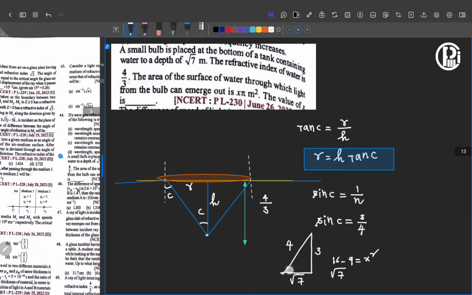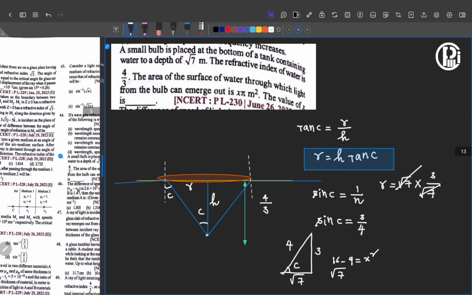So therefore R is equal to H, which is root 7, into tan C. Tan C is opposite by adjacent, which is 3 by root 7.